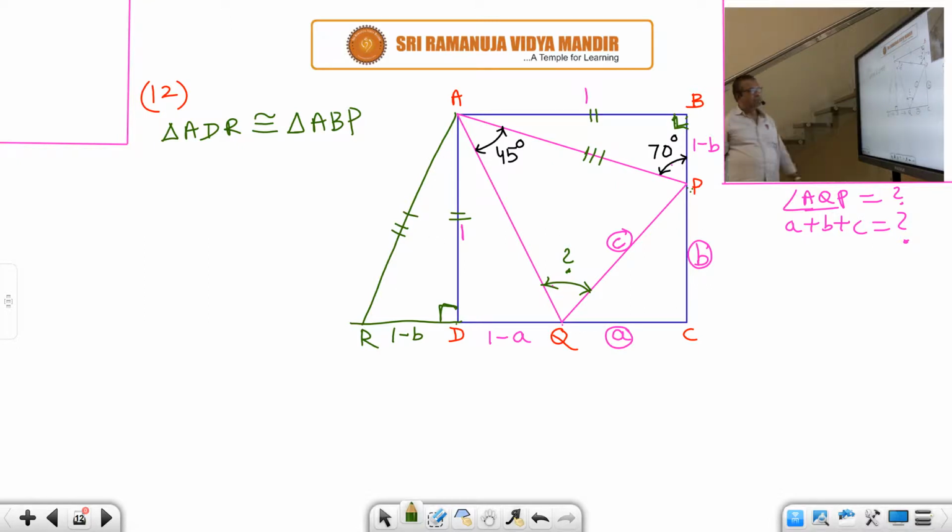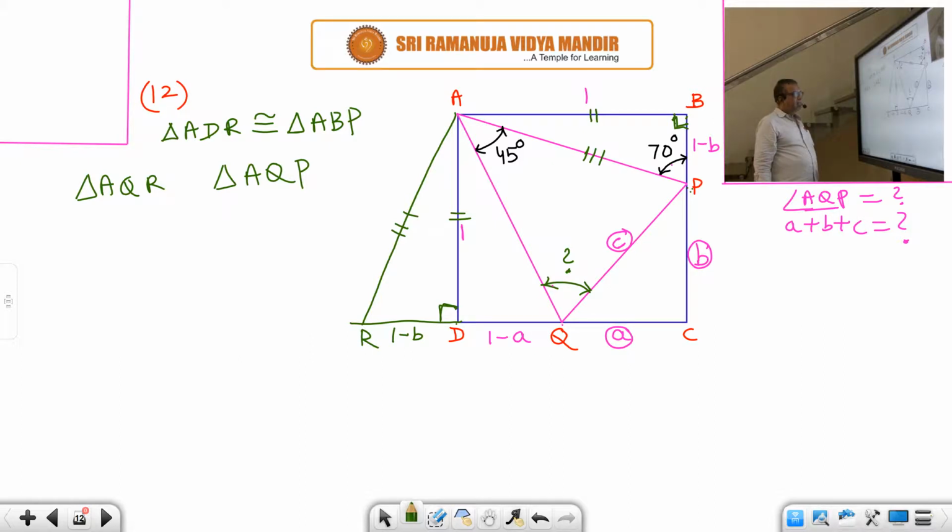Okay. Now consider the two triangles AQR and AQP. These are two different triangles now.